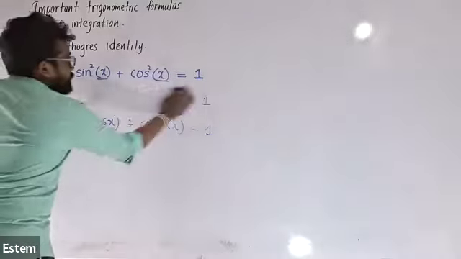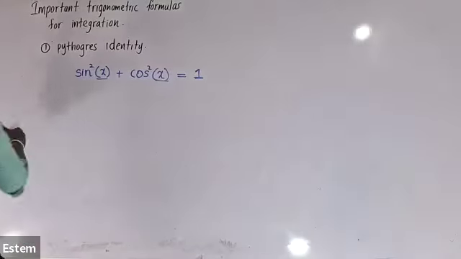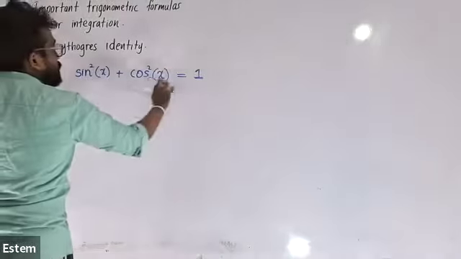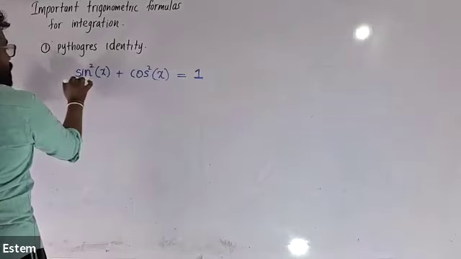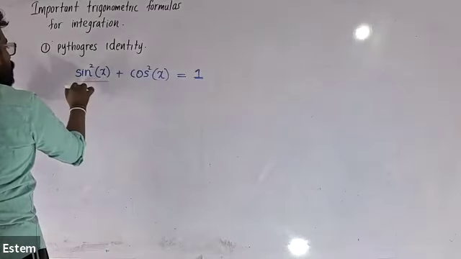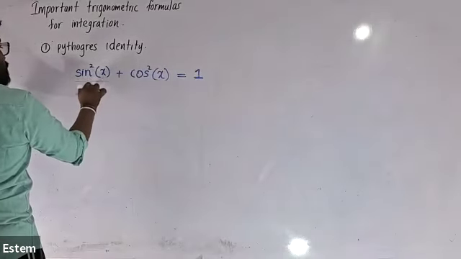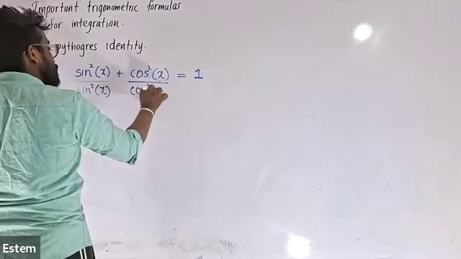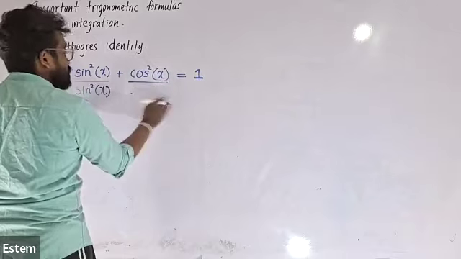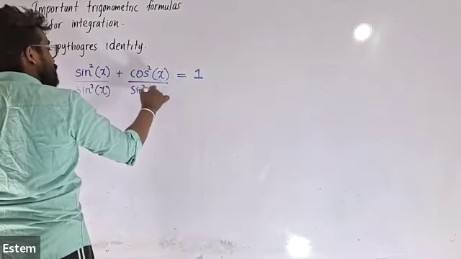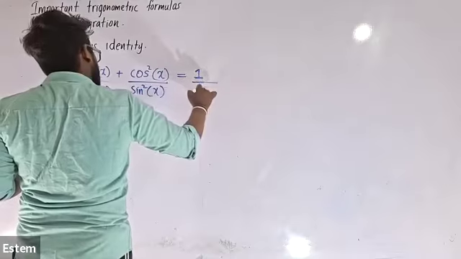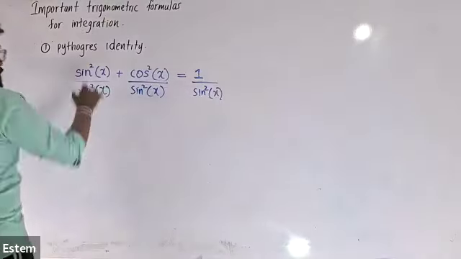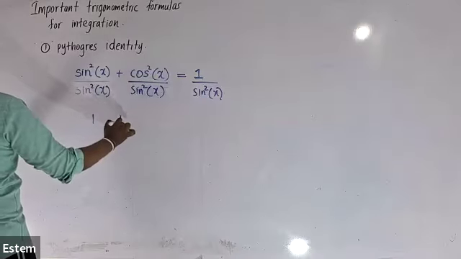Now, sine squared x plus cos squared x equals 1. I divide all these terms by sine squared x. This is cos squared x over sine squared x, and this is sine squared x over sine squared x, which is 1.